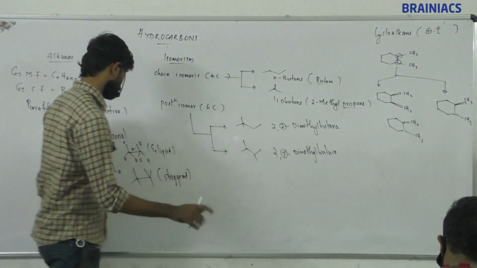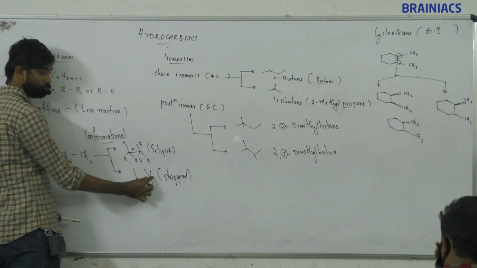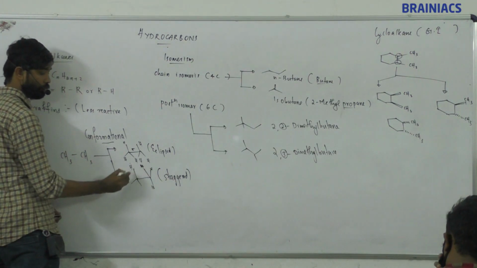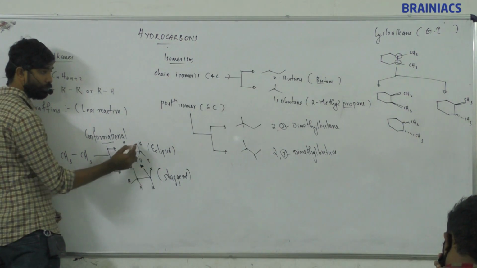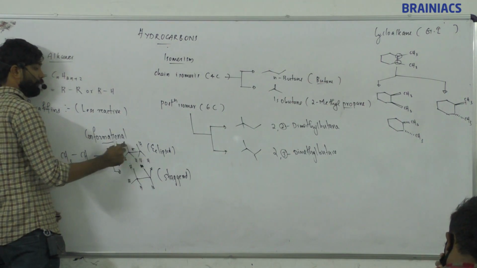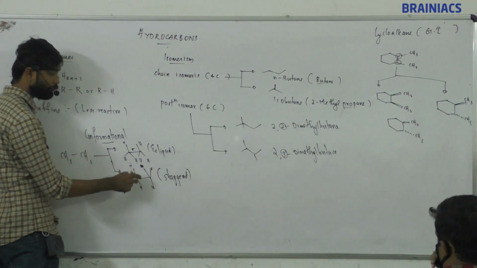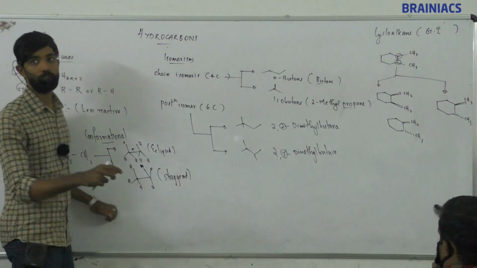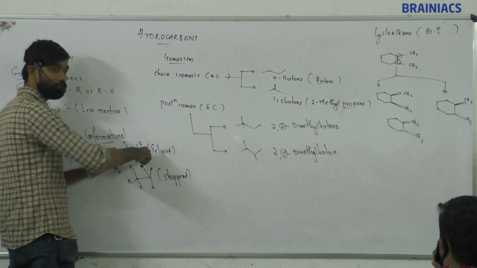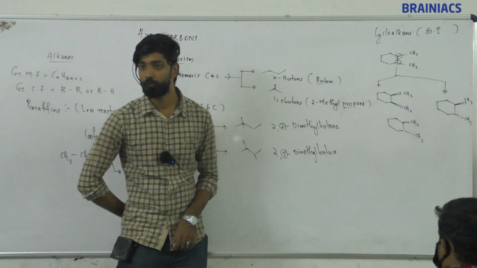Listen, here also there is a change in stereo arrangement of this methyl group. Now it coincides, or is in a parallel fashion, with this one, but here it is inverted. But this change in stereo arrangement is by means of bond rotation, the rotation of a sigma bond. So that belongs to conformational isomerism.